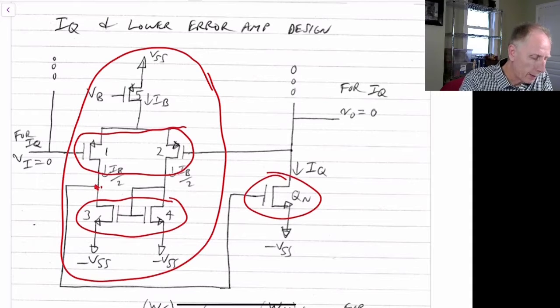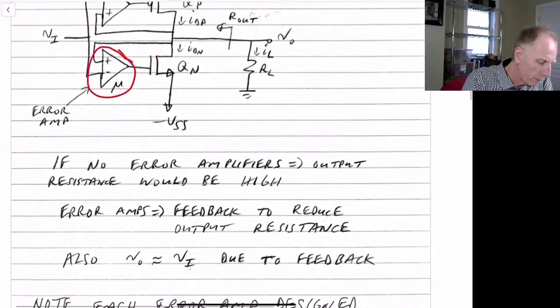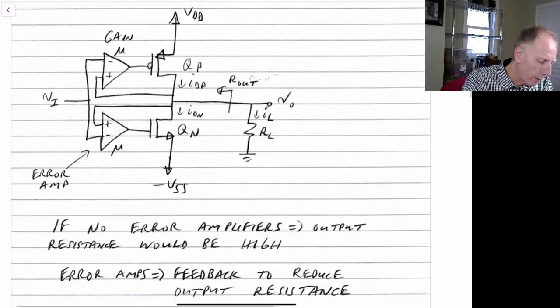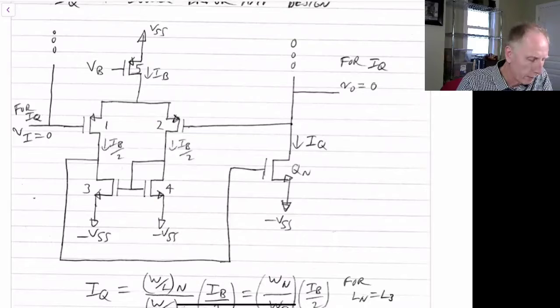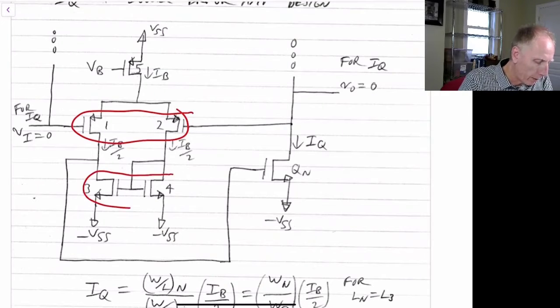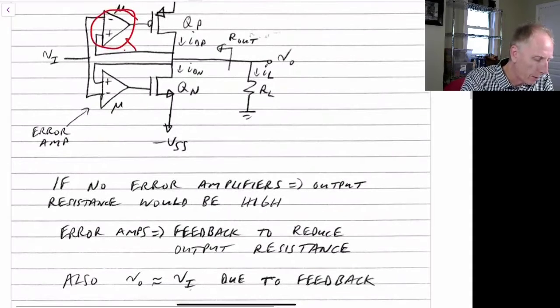In the other side, so for the upper error amplifier here, everything would be reversed. So rather than having PMOS inputs, we would have NMOS inputs, and rather than having the loads being NMOS, they would be PMOS, and the bias would be reversed as well. So this would be a flipped amplifier for the top amplifier over here.